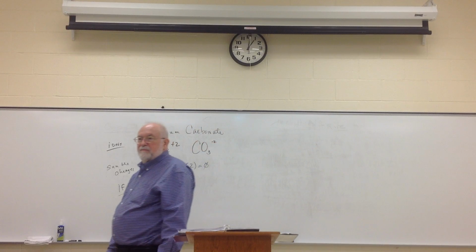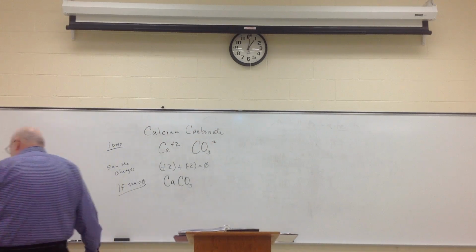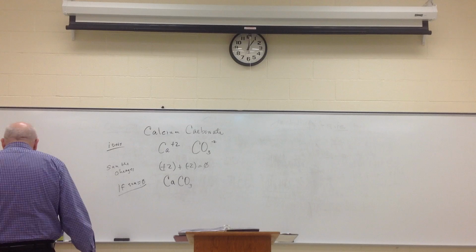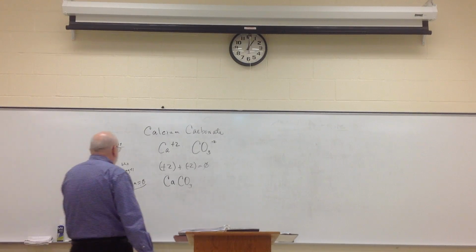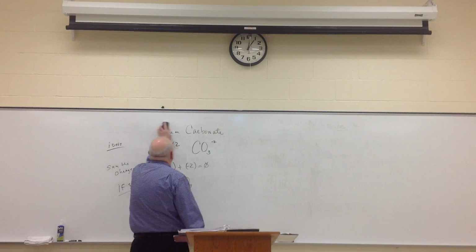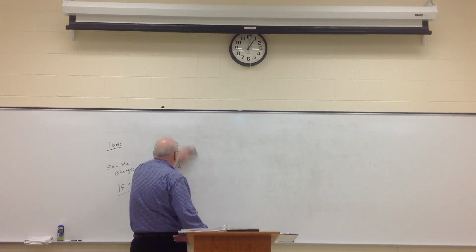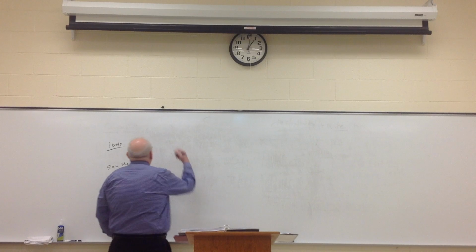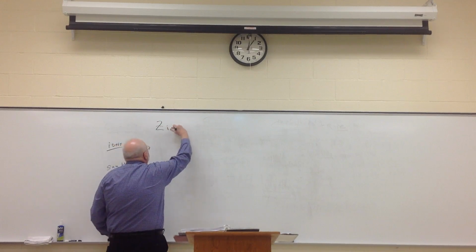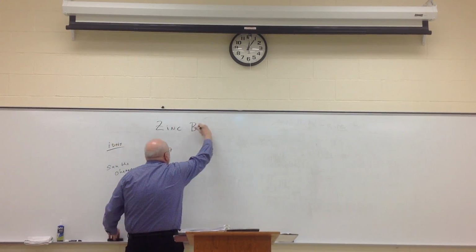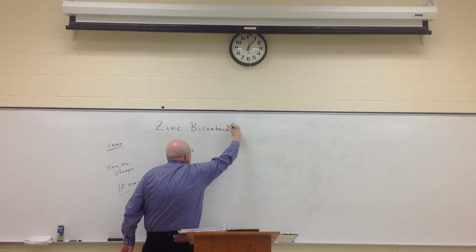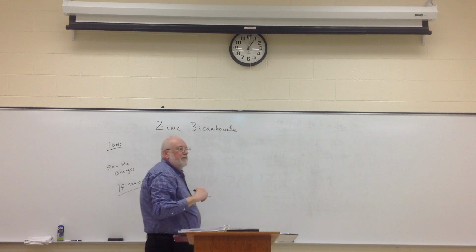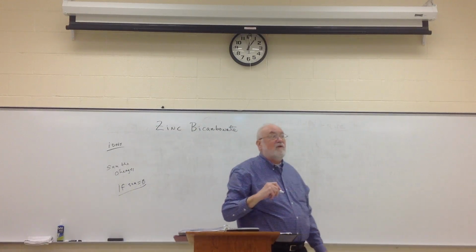Well now, let's kick it up another notch. Oh, I don't know. I'm getting tired of calcium. Let's go to zinc. And I don't want carbonate this time either. I want zinc bicarbonate. All right, now, zinc. What's the formula for that?